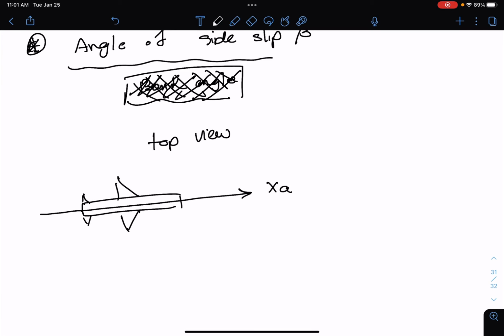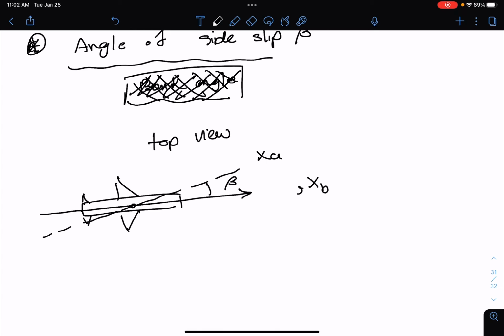This will be x of A and x of B. We are looking at it from top. So in general, if you don't have a wind gust, this is how it should look. But when you have the side slip, when you have a wind gust, your x of A is going to be in a different direction. Does it make sense? This angle is going to be angle beta.